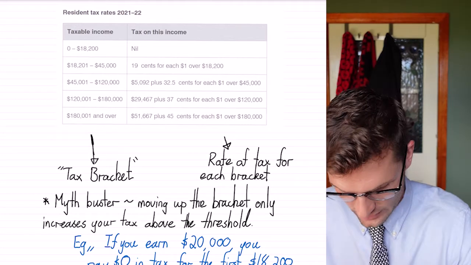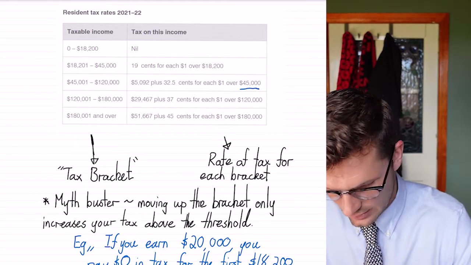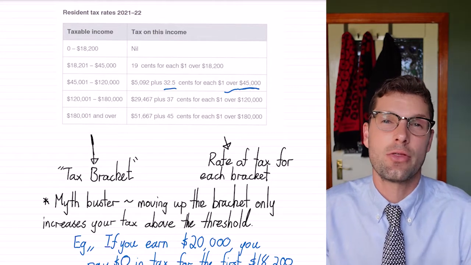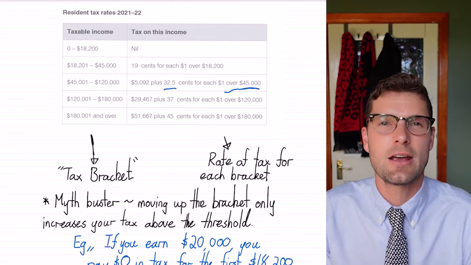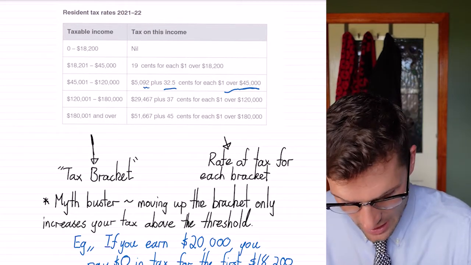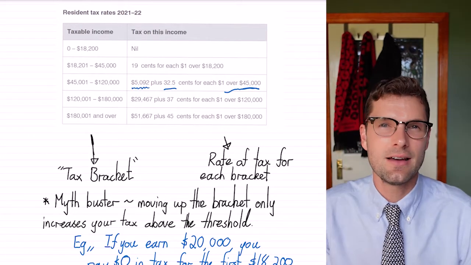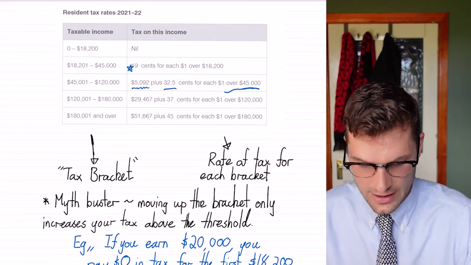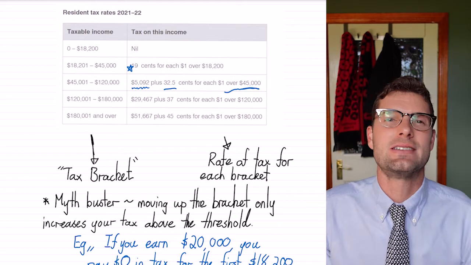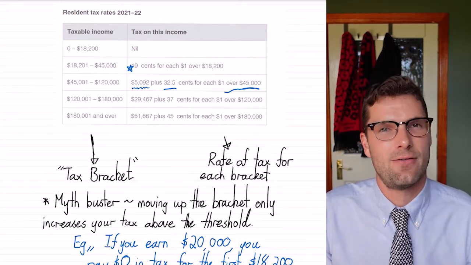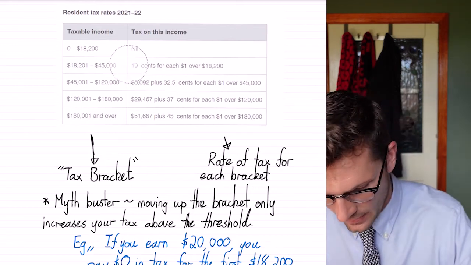For example, here you get taxed 32.5 cents, or 32.5% of your income, but only for money above $45,000. This number at the front signifies all the tax you paid on the tax brackets before that. So we're not reworking that out for every single one.